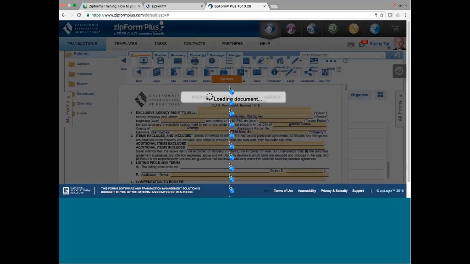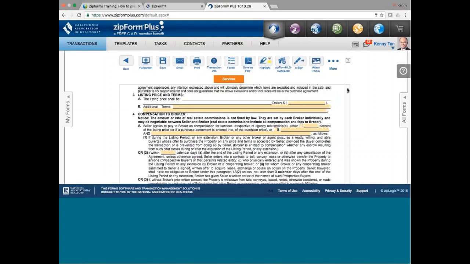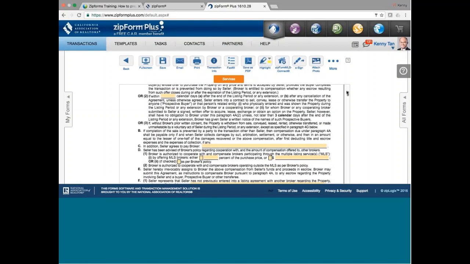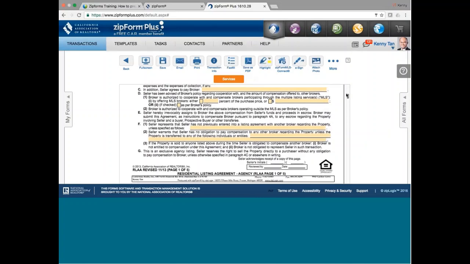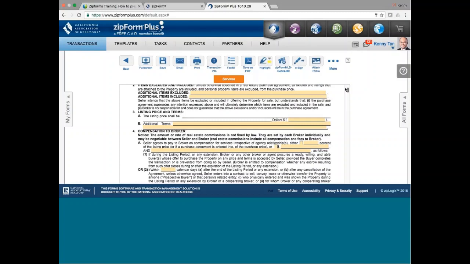But for residential, you can sign an exclusive agency, which is different from exclusive right to sell. Okay, and it will have the language that talks about if the buyer is procured by the seller, the agent is not entitled to any commission. So that's what an exclusive agency listing agreement is.